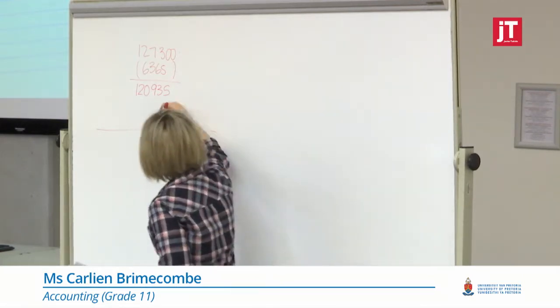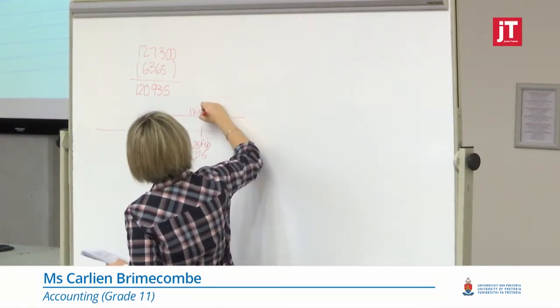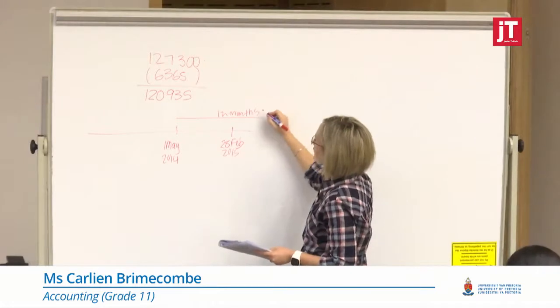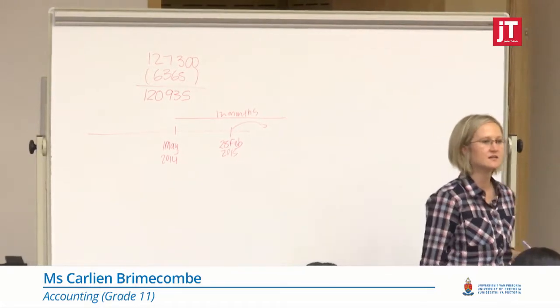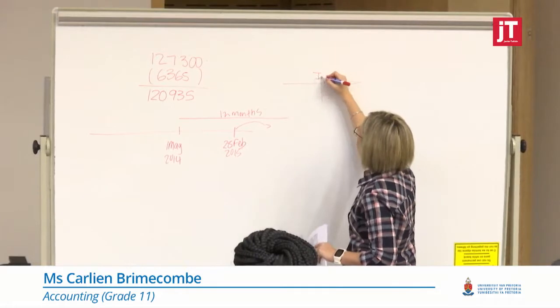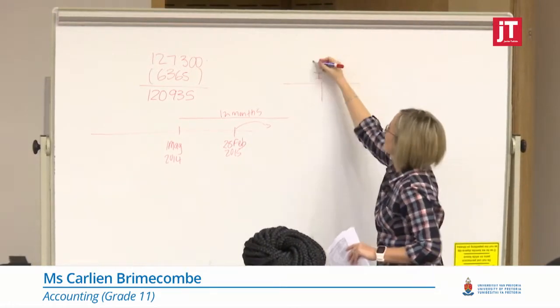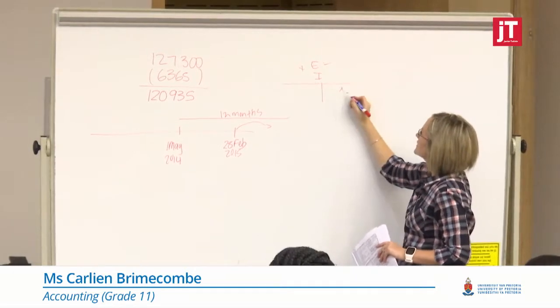So if we've paid for this insurance policy for 12 months, it means that anything that falls outside of the accounting period must be taken out. So let's think about where we would take it to. If I have insurance, which is an expense, our expense will decrease.